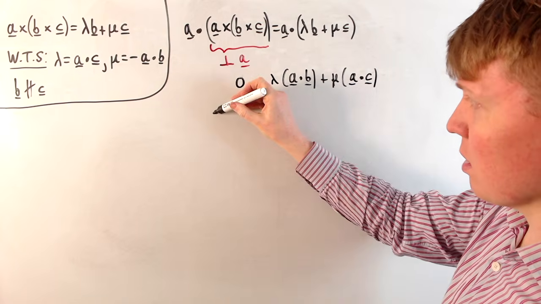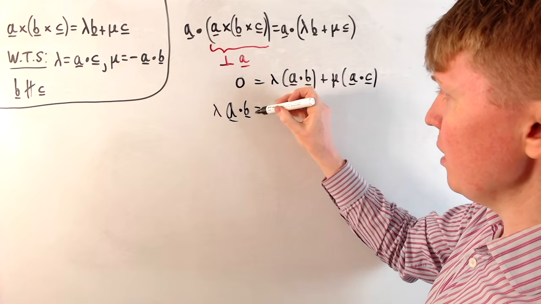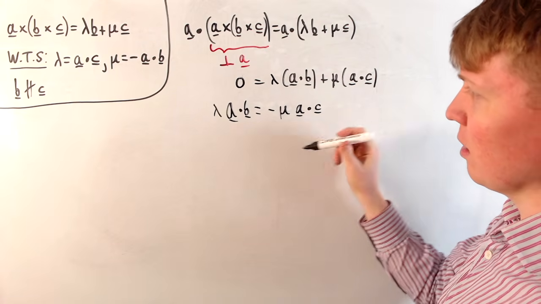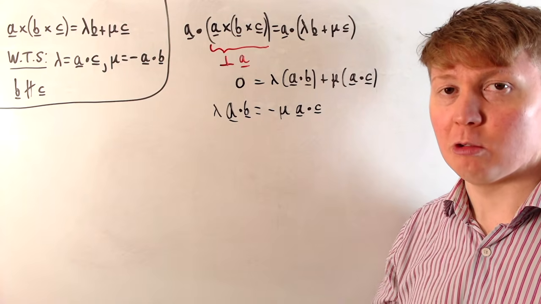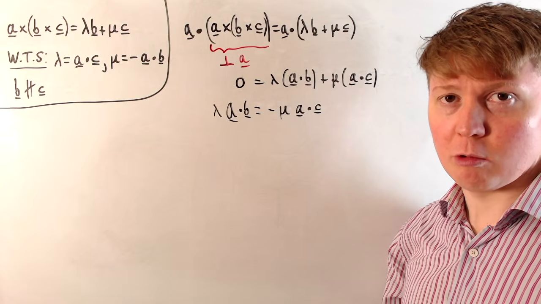We can rearrange this. Let's say lambda times A dot B equals negative mu times A dot C. And then you can see how these two are linked to each other. We just need a second equation now with lambda and mu to be able to solve and find the values of lambda and mu like we're trying to.